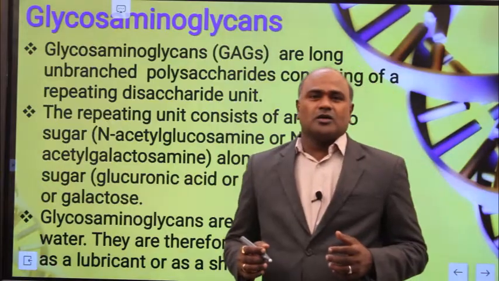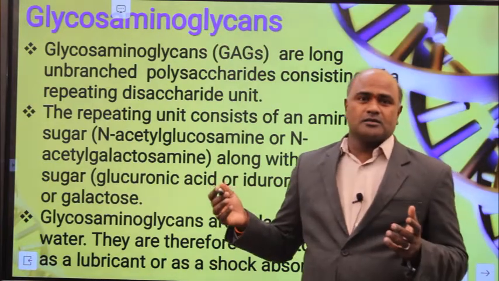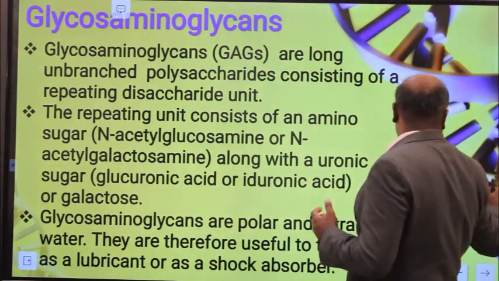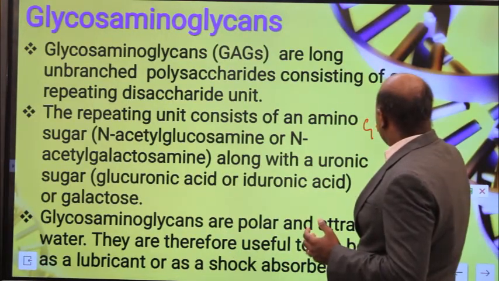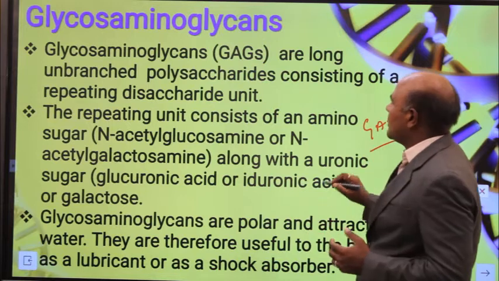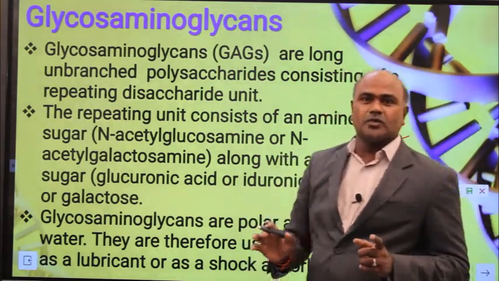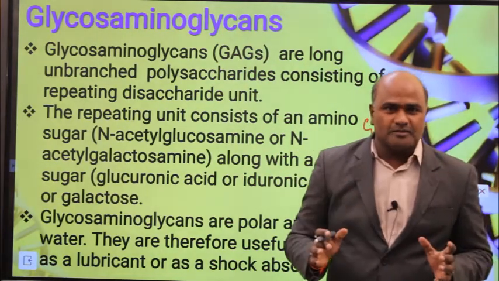Next one is glycosaminoglycans, usually shortened to GAGs. Glycosaminoglycans are long unbranched polysaccharides.